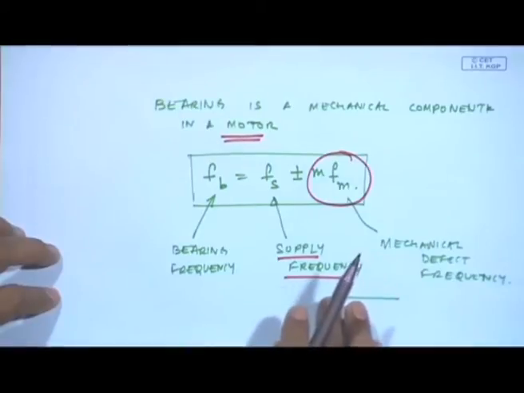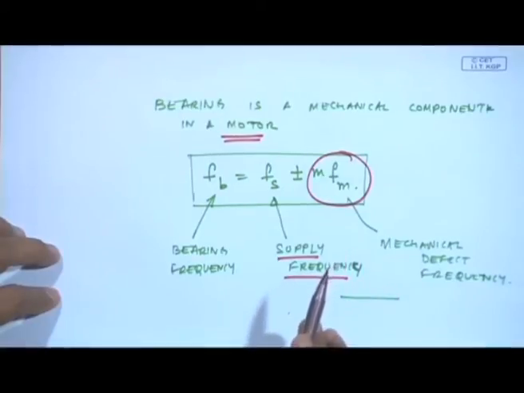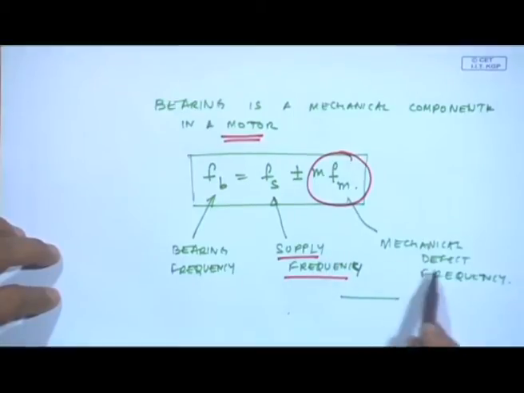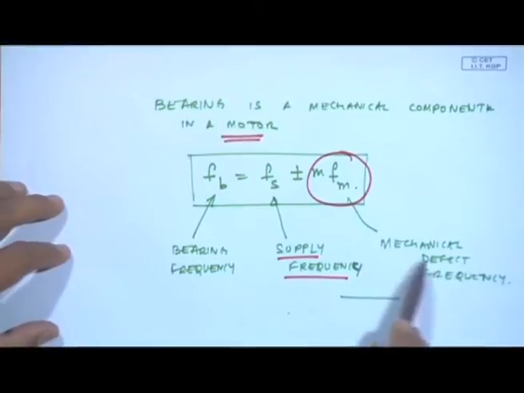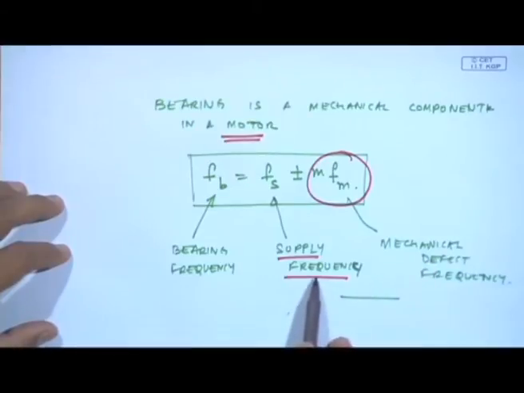If I have a system driven by an electrical motor, and this mechanical system has defects, this is how the defect frequencies are given. So, if I now monitor the frequencies of the electrical motor, I will see these defect frequencies come as side bands around the supply frequency.